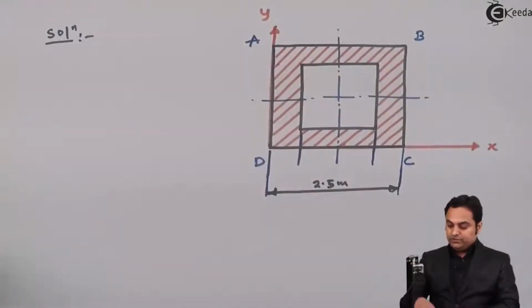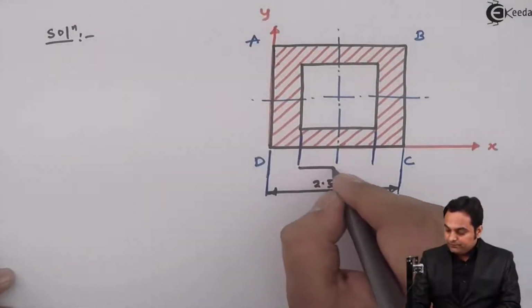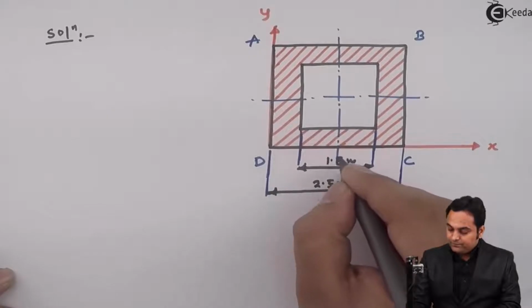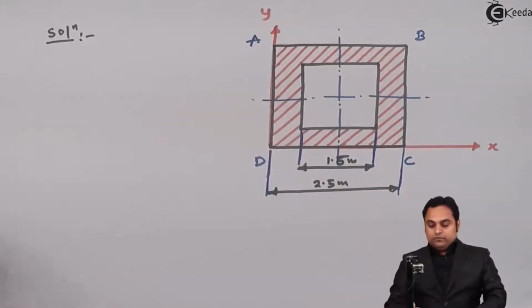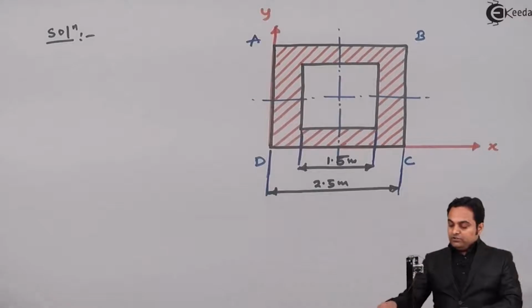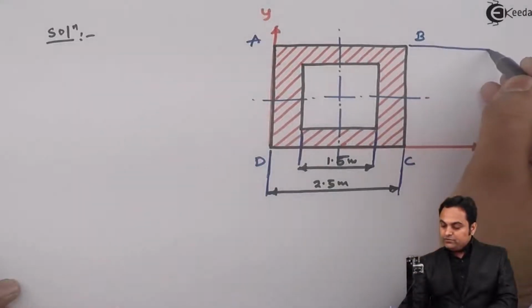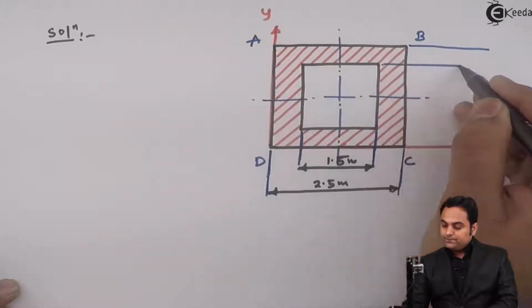So the inside square has a dimension of 1.5 meter. Similarly, here I have marked the width. Even the depth would be same because of being a square section.